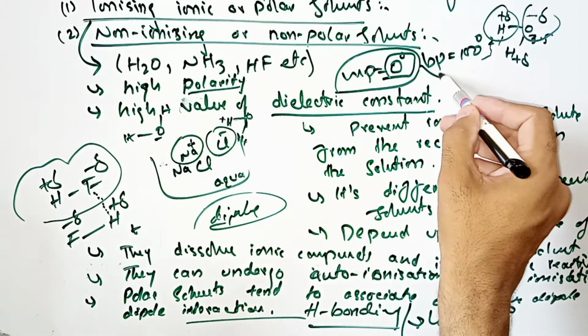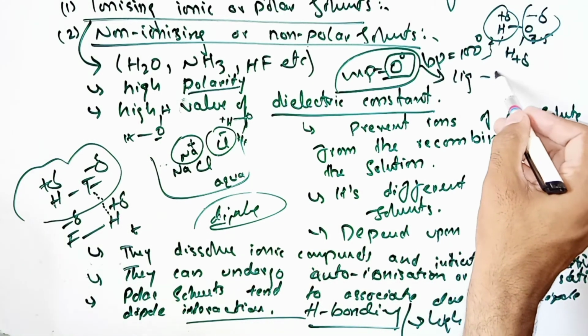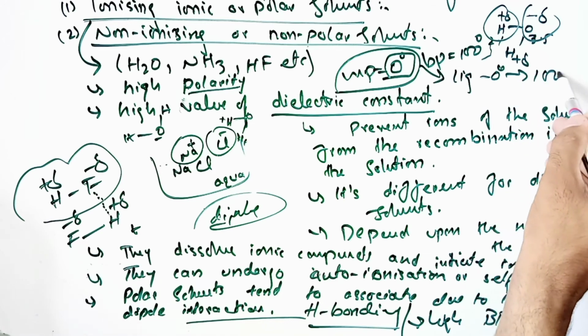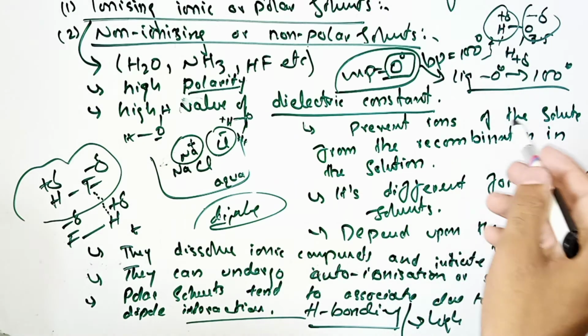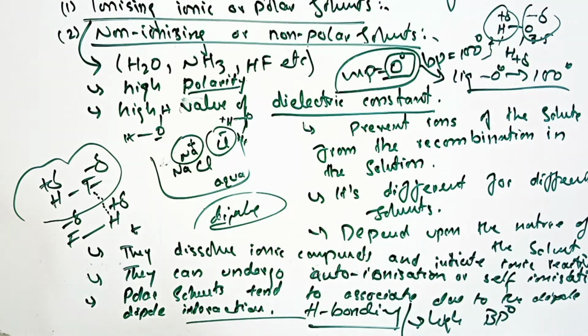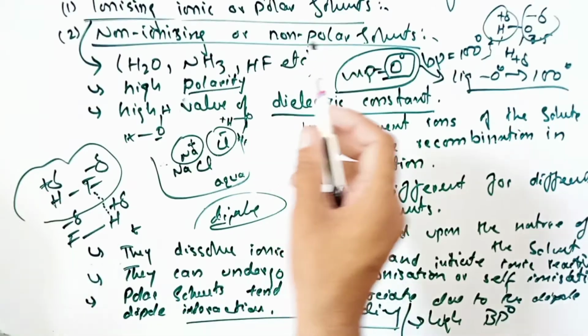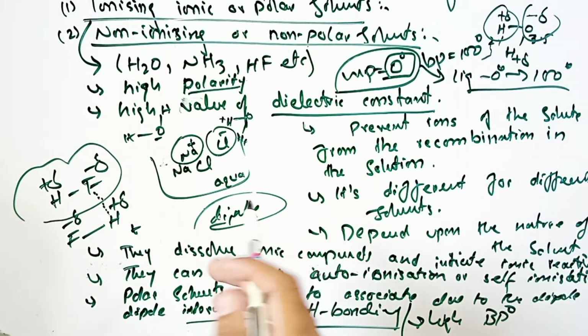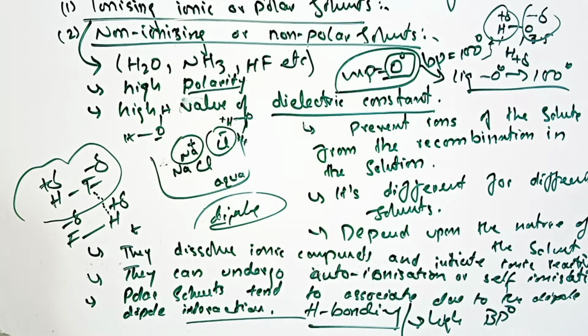So the liquid range of water is from 0 to 100 degrees centigrade. Ionizing, ionic or polar solvents will have a high liquid range. I hope this point will be cleared.